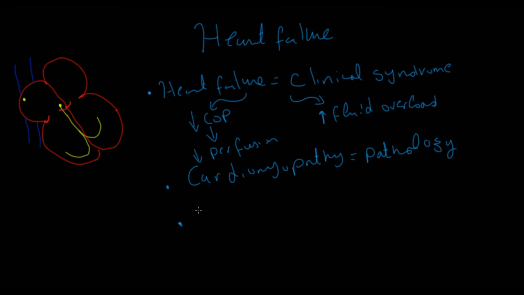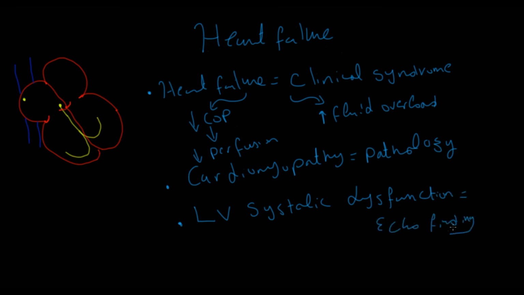The third thing is left ventricular systolic dysfunction. So left ventricular systolic dysfunction is basically just an echo finding. Why is that important? I'm going to show you in a second.